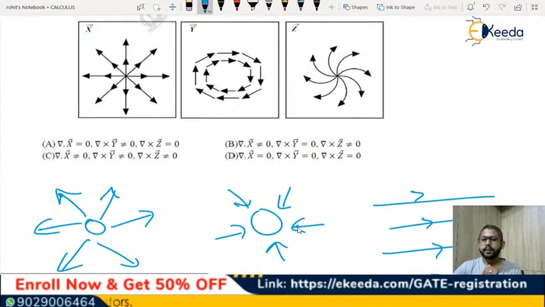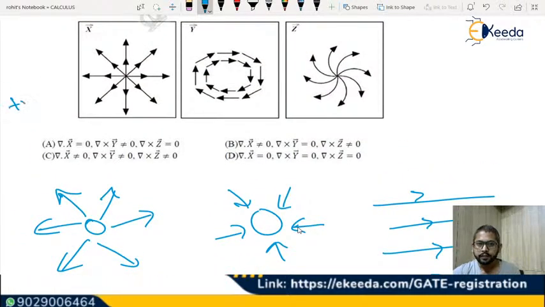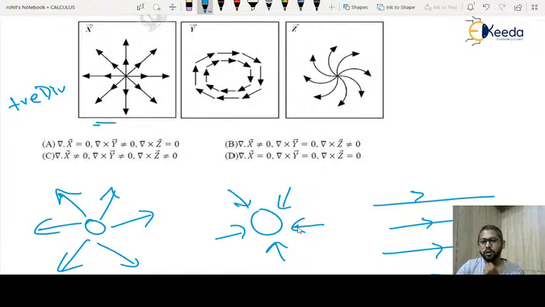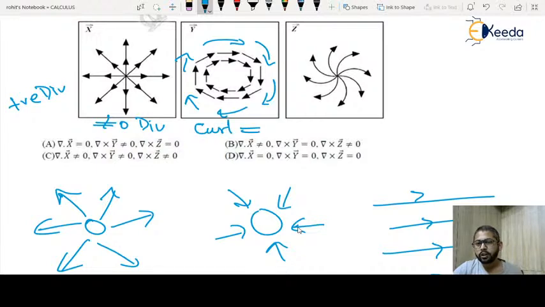So do you see that the first one is something with positive divergence, or you can say non-zero divergence. Second thing is a rotational movement. Do you see this is a rotational movement? So if it is a rotational movement, the curl should be non-zero.